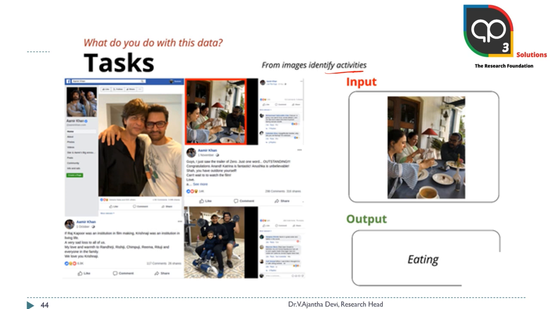Or you can just say, me and my friend had a good dining, or we went for an organization or some restaurant, like that. So you know that the input is some image and the output is a label associated with that image, or the activity associated with that image. So if I get such tabular pairs, you should be able to do this task of identifying activities from an image. So this is another task that you could define from this data.